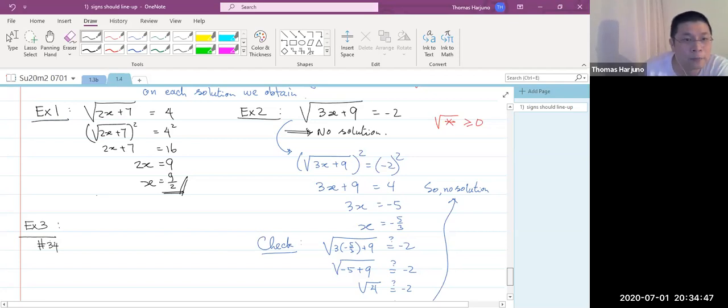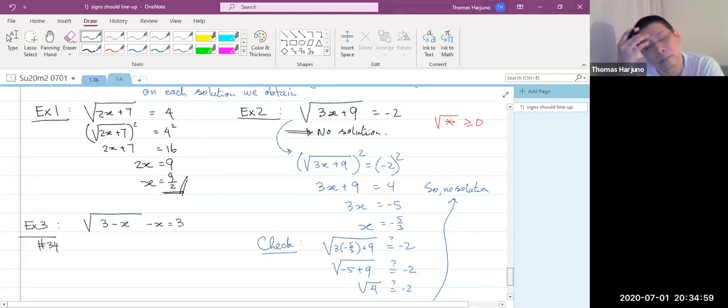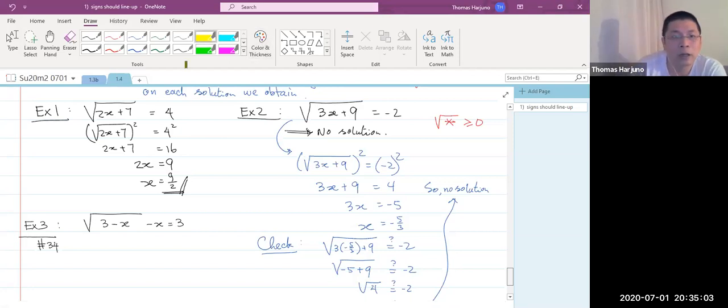We have square root of 3 minus x minus x equals 3. So I will isolate my radical first, just like absolute value. Isolate the absolute value first. In a radical equation, you also isolate the radical. So square root of 3 minus x equals x plus 3.